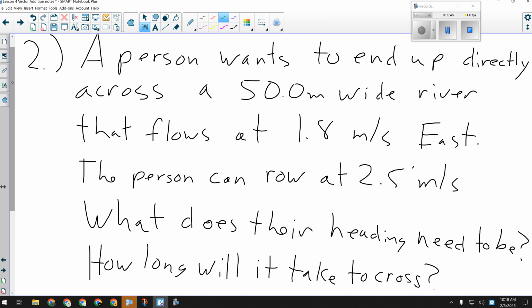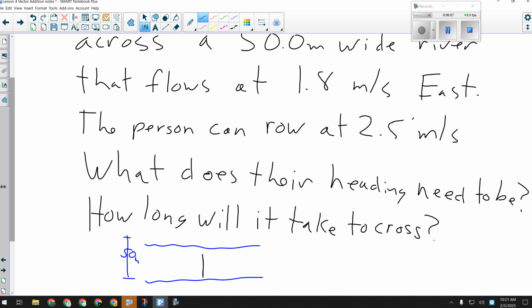Okay, guys, just to get the diagram done here. There's the river, it's 50 meters wide. It flows at 1.8 meters per second east, and we know that they want to end up going straight across. So that's my resultant.